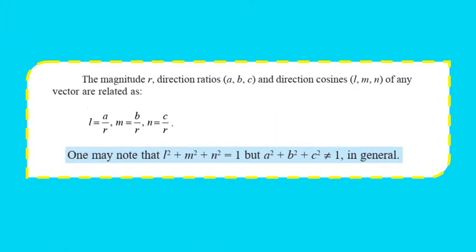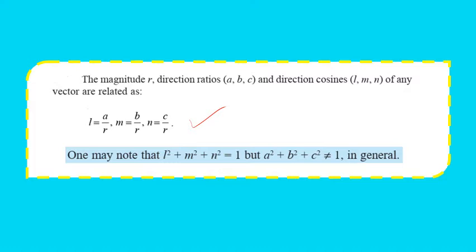Now the magnitude r, the direction ratios denoted by a, b, c, and the direction cosines l, m, n are related as, remember this point, l equals a upon r, m equals b upon r, and n equals c upon r. That is, if l, m, n are the direction cosines, a, b, c are the direction ratios, and r is the magnitude of the position vector, then l equals a upon r, m equals b upon r, and n equals c upon r.